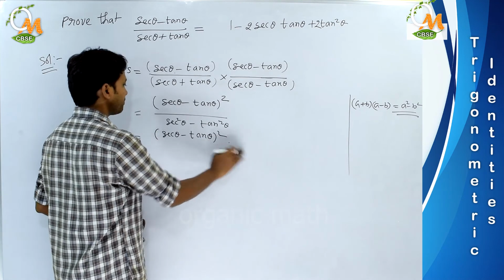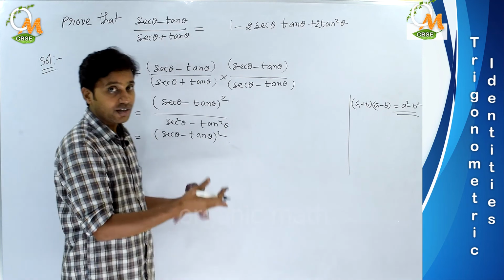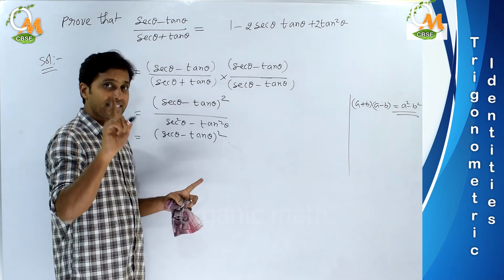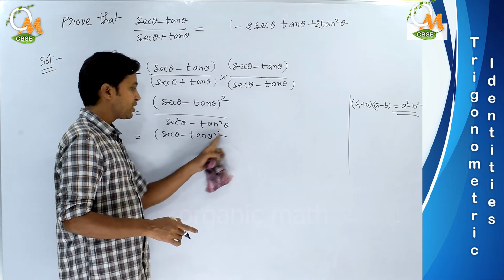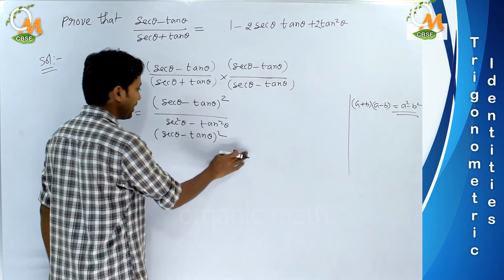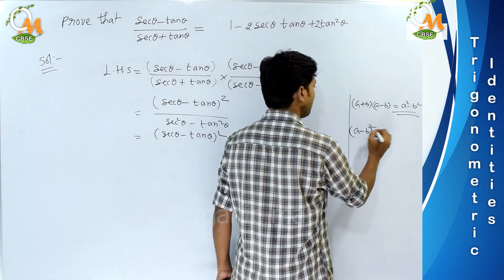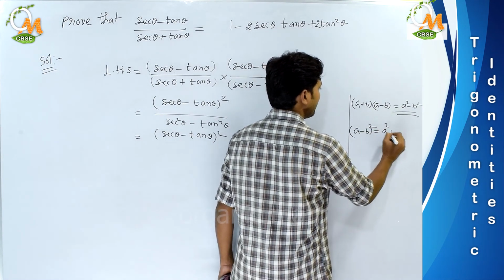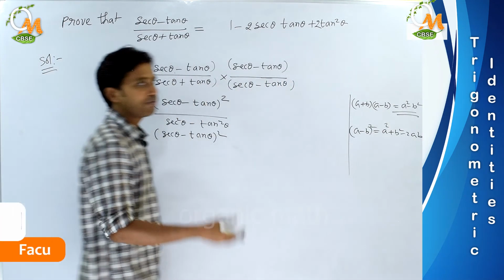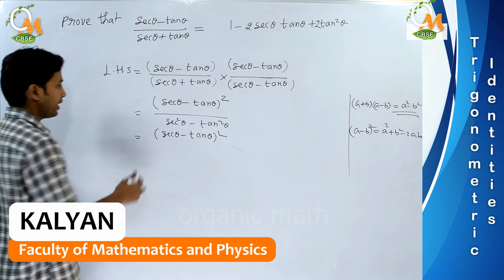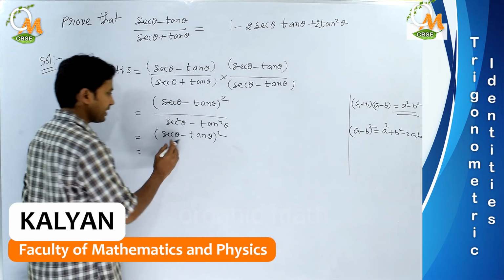Now this expression inside the bracket, if you consider secant theta as a and tan theta as b, is in the form of a minus b whole square. So how can you expand it? (a minus b) whole square can be expanded into a square plus b square minus 2ab, or a square minus 2ab plus b square, whatever you can say. So let us expand this.